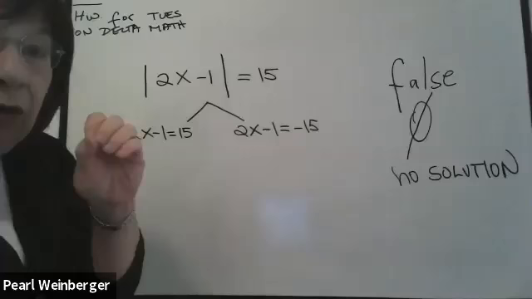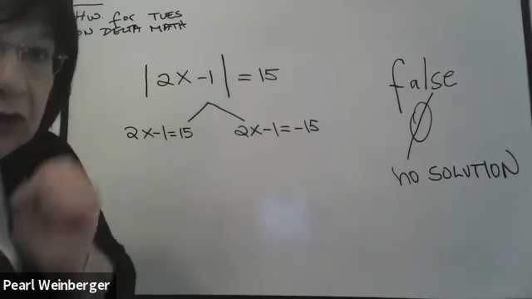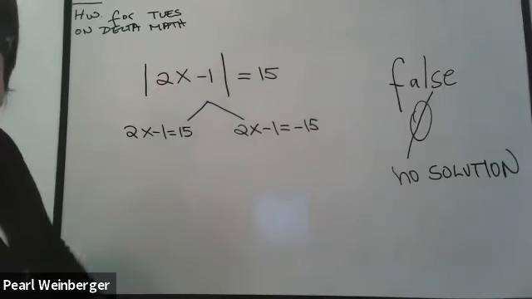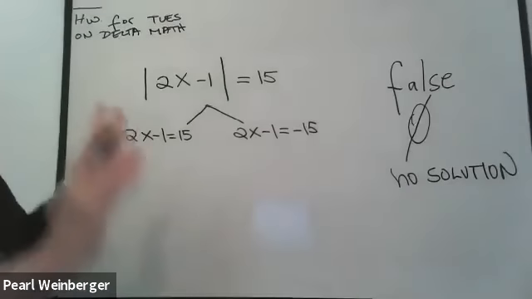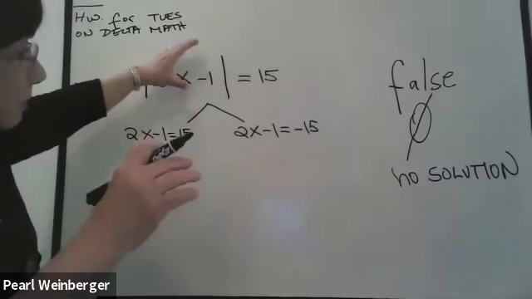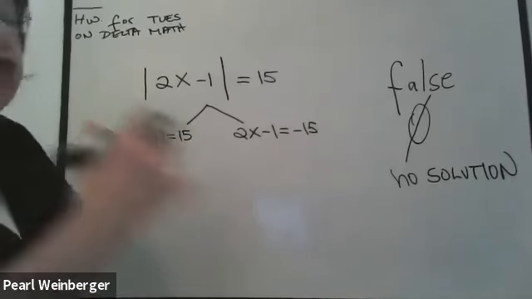So what are we really solving here? We're trying to figure out what possible numbers I could give for X to make this statement a true statement. Remember, those two equations are not the answer. I'm not finished yet. The whole point of solving an equation is to take a statement and make it a true statement.